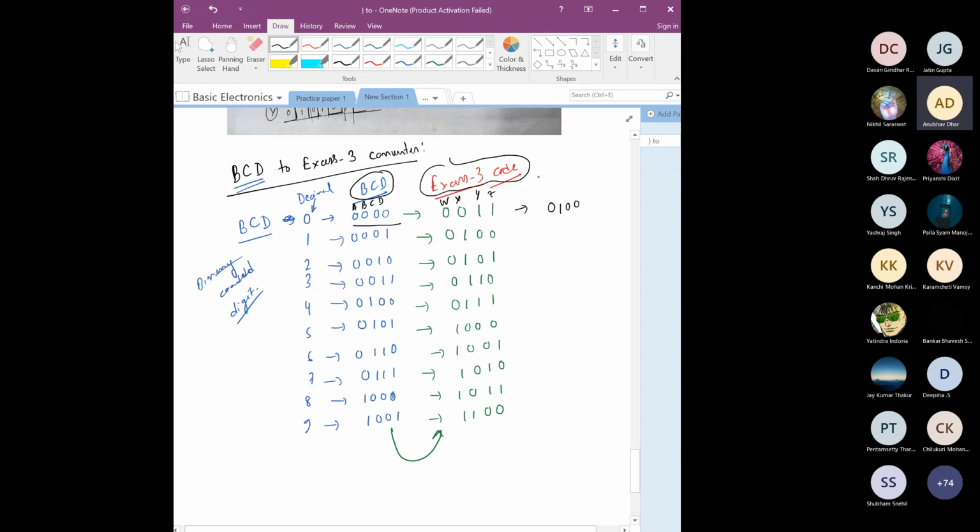Can we observe some properties such as Z is always a complement of D, and some similar properties? Yes, Z is always the complement of D, you can use this type of property. No issue in that. In fact, if you minimize the Karnaugh map, probably you will get the same thing from there.